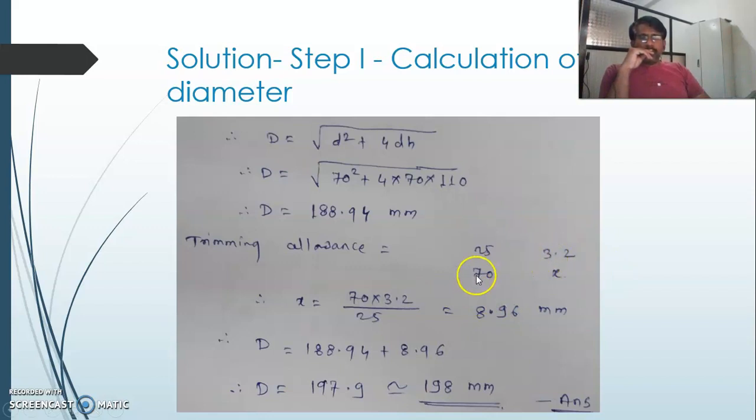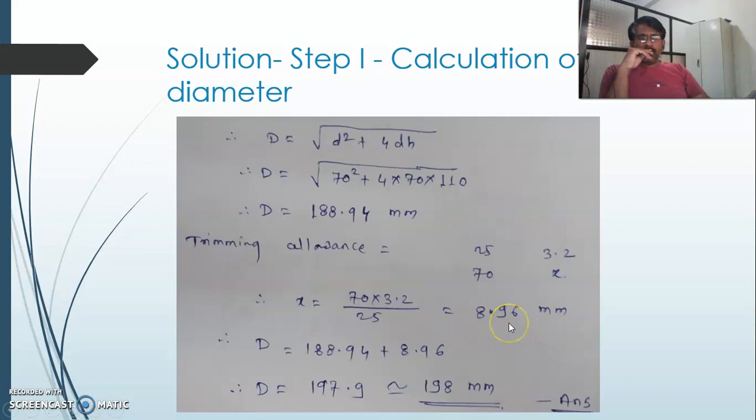Here, 70 is our shell diameter. So for 25, if the trimming allowance is 3.2, then for 70, what will be the value? By cross multiplication, the trimming allowance is 70 into 3.2 divided by 25, which is equal to 8.96 mm.